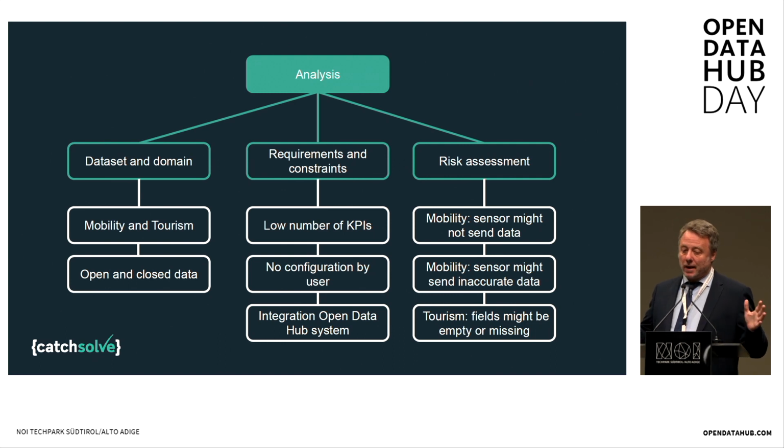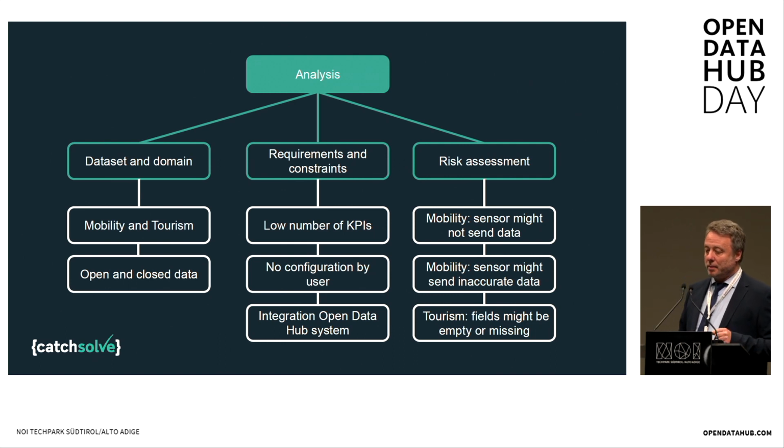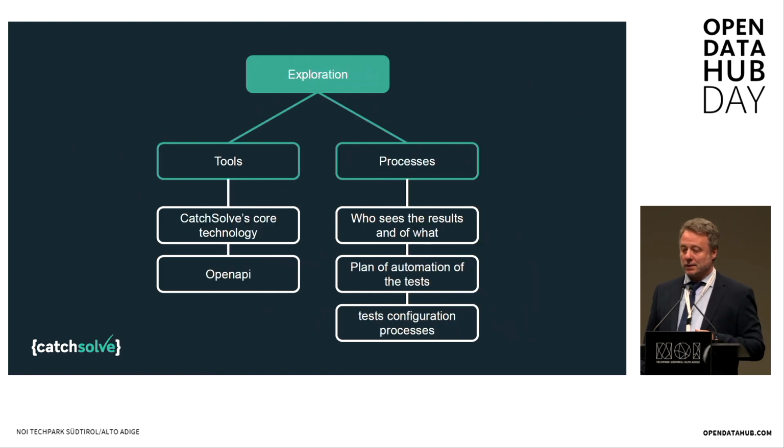And maybe to integrate this with the Open Data Hub. The risk that we want to reduce is, for example in mobility, data that is old or not working, or missing information in tourism data sets.